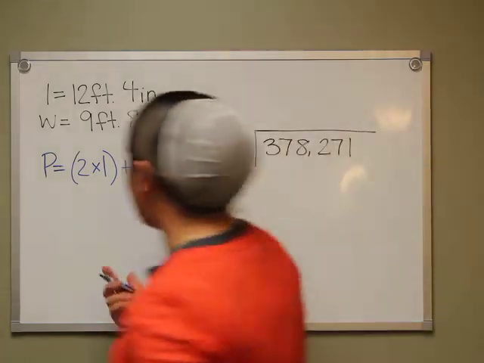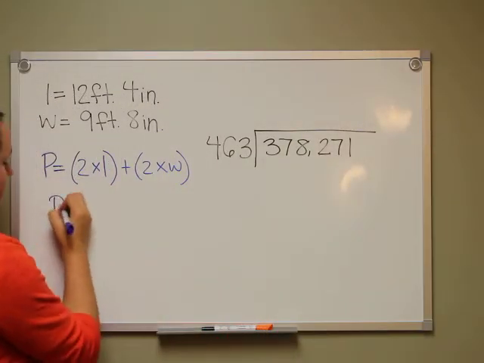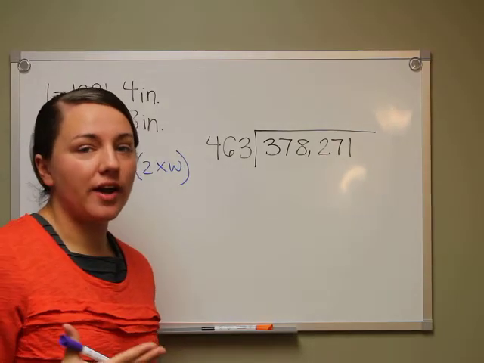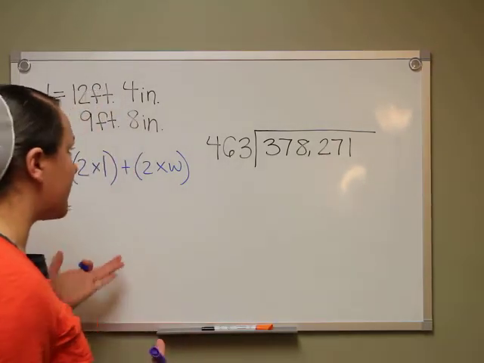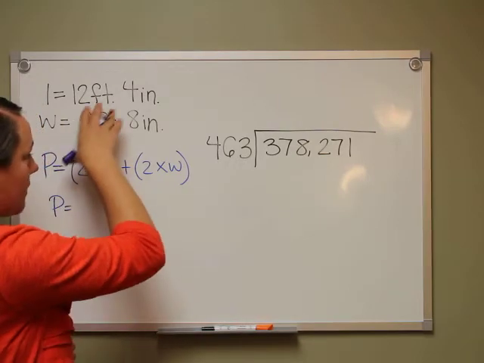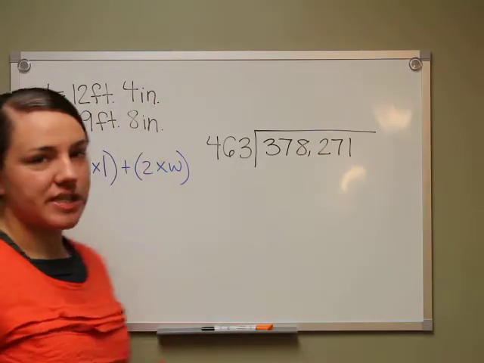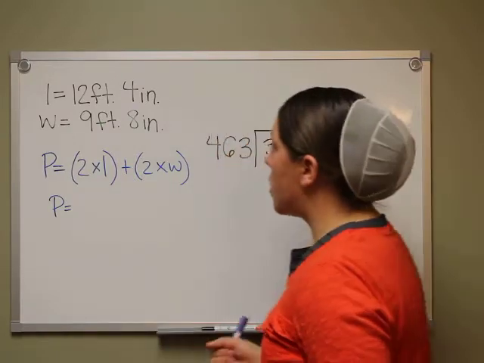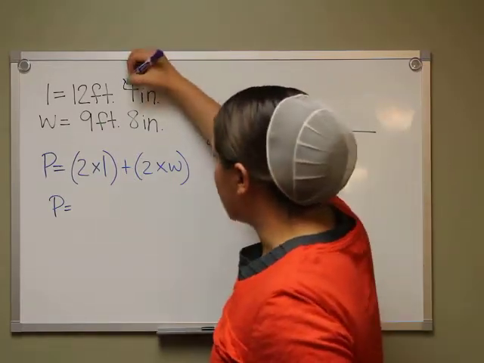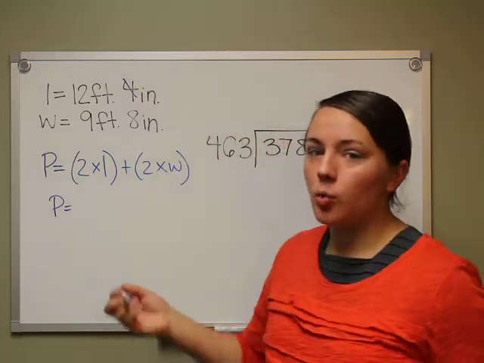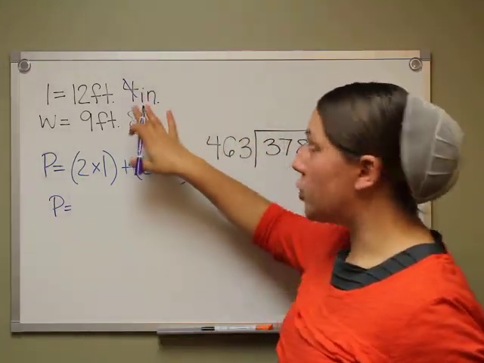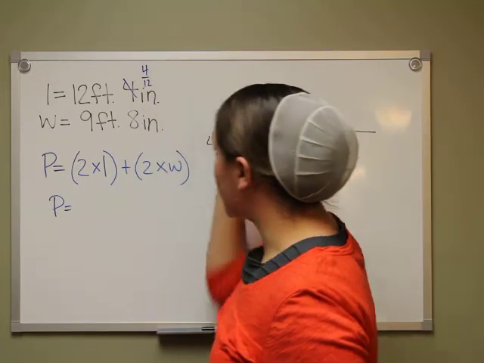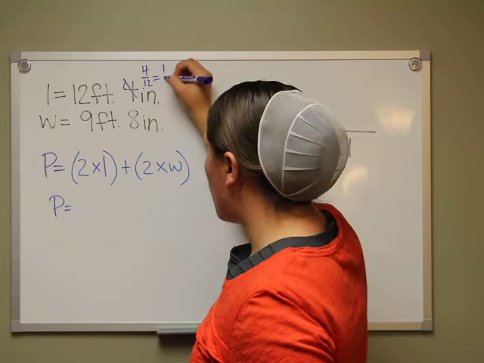Alright, so we have P equals. Now remember, we have to have the same unit when we are working a problem like this. So in this case, we have 12 feet, 4 inches, and 9 feet, 8 inches. Let's either make everything inches or everything feet. I think we're going to make everything feet. So 4 inches would be, there are 12 inches in a foot, so we're going to go 4 over 12, and reduce that to 1/3.